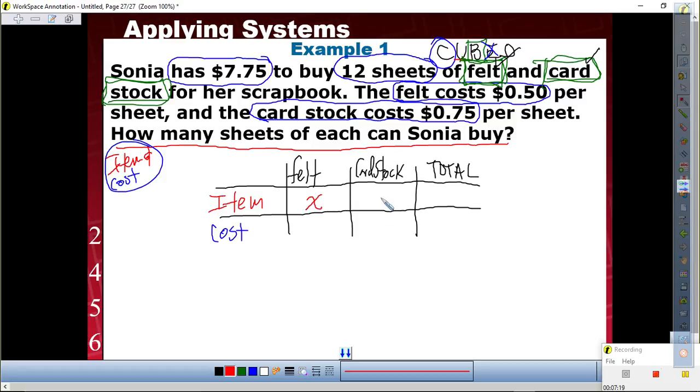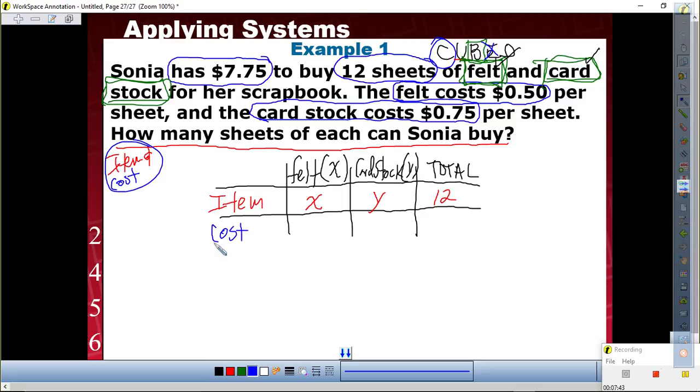X. Do we know how many of cardstock? What can we label that? Y. Do we know how many total sheets she's going to buy? How many? 12. It goes right there. And just to keep it in mind, felt corresponds to the variable X, and cardstock corresponds to the Y.